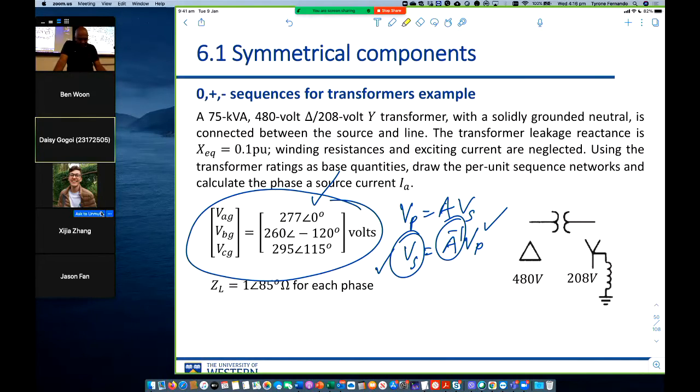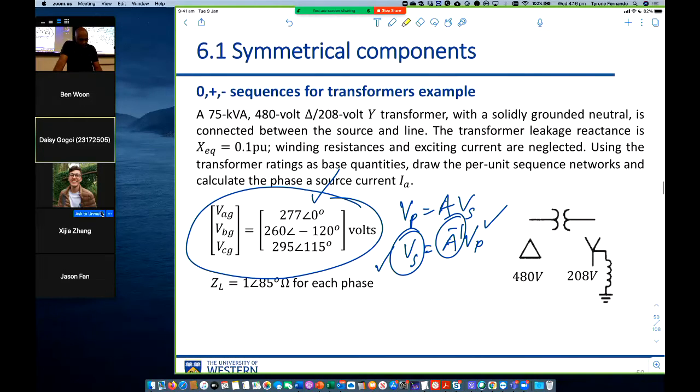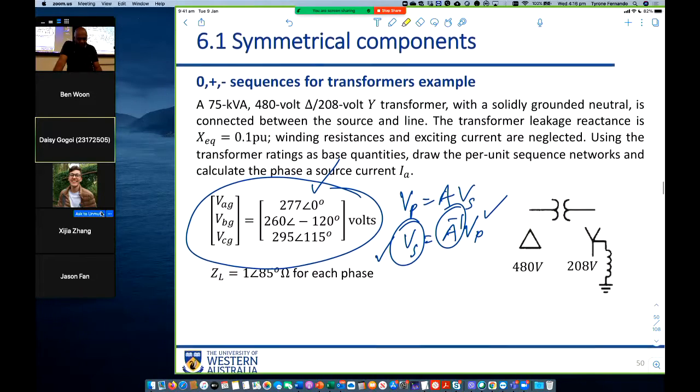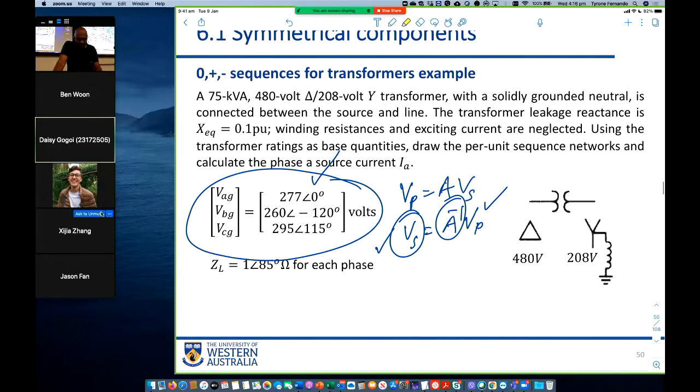All right, so here we are looking at an example. A 75 kilovolt-amp, 480 volt delta, 208 volt Y transformer. So delta to Y, here is the delta, this is the Y, with solidly grounded neutral, is connected between the source and the line. The source is on the left, and the line is on the right.